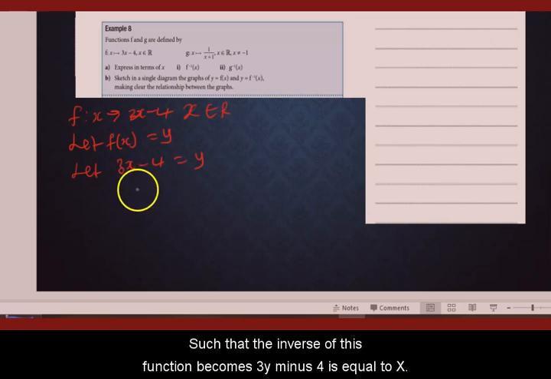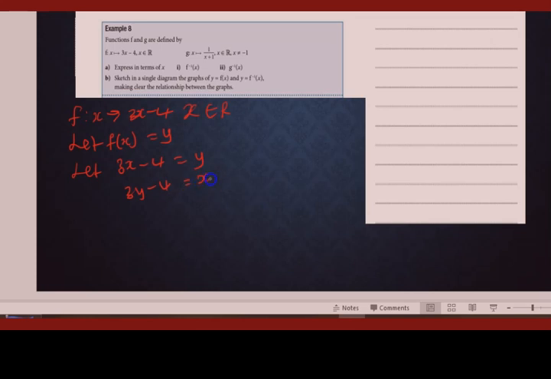Such that the inverse of this function becomes 3y minus 4 is equal to x. The inverse is the reverse of the function. So we simply reverse this. Instead of 3x minus 4 equal y, we have 3y minus 4 equal x.